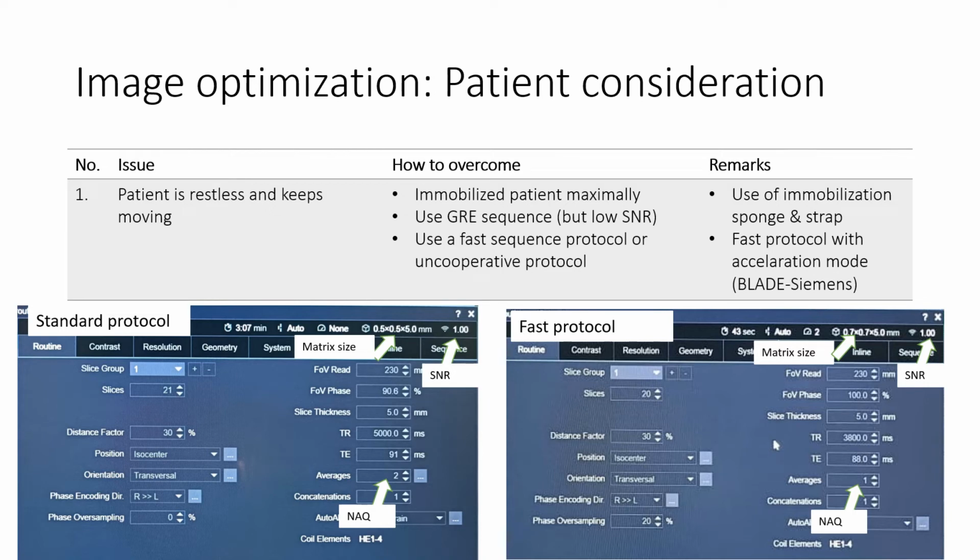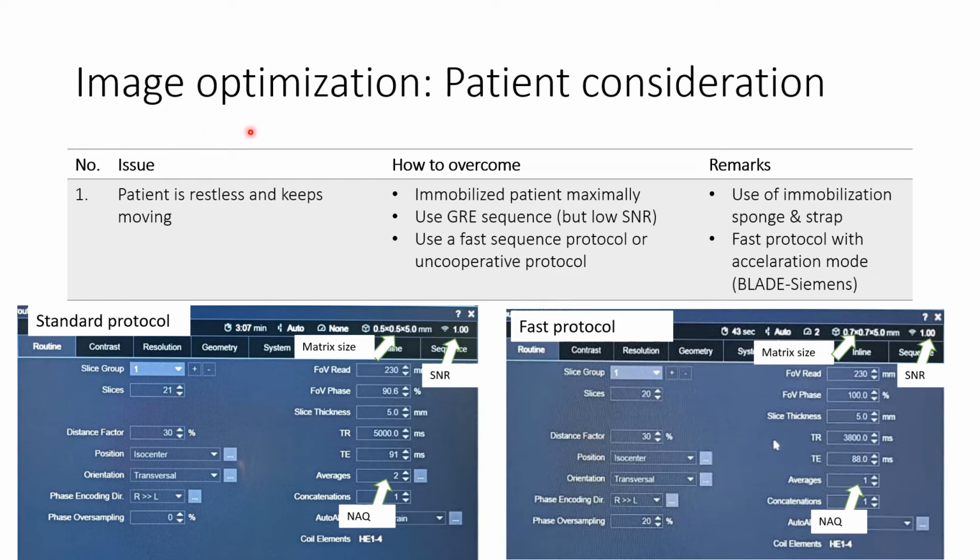MR imaging also has some limitations in terms of patient considerations and also artifacts. So this could reduce the image quality.